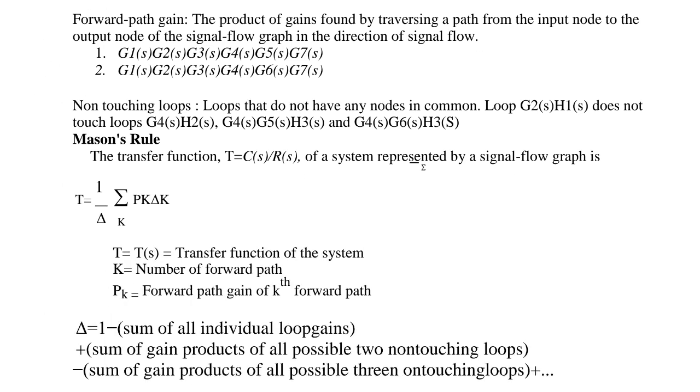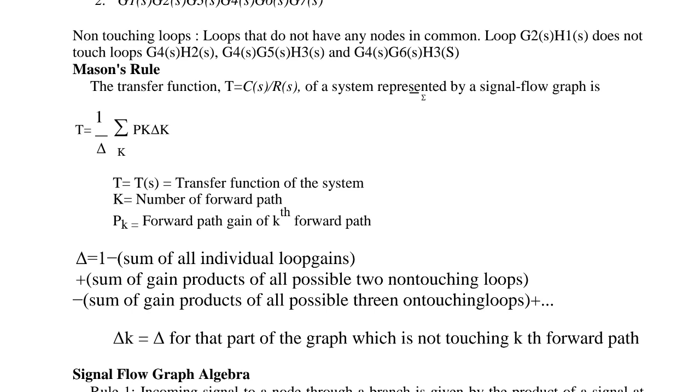The next very important thing is we should know what is Mason's rule. The Mason's rule formula is: the transfer function is equal to 1 by del, summation of k, P k into del k. First we should know what is del. The formula for del is 1 minus the sum of all individual loop gains, plus the sum of gain products of all possible two non-touching loops, minus the sum of gain products of all possible three non-touching loops.